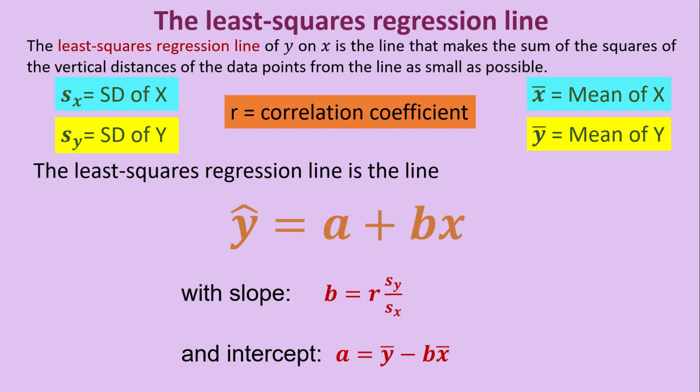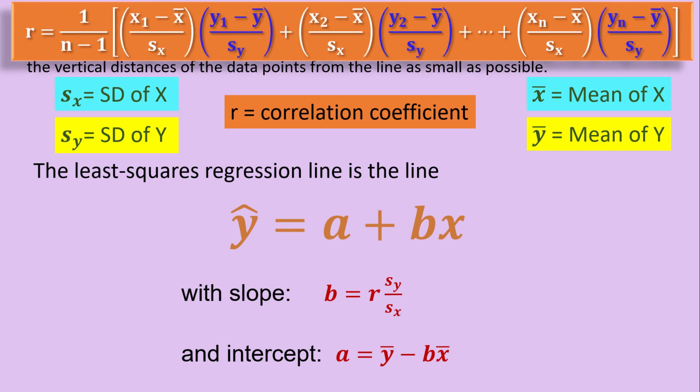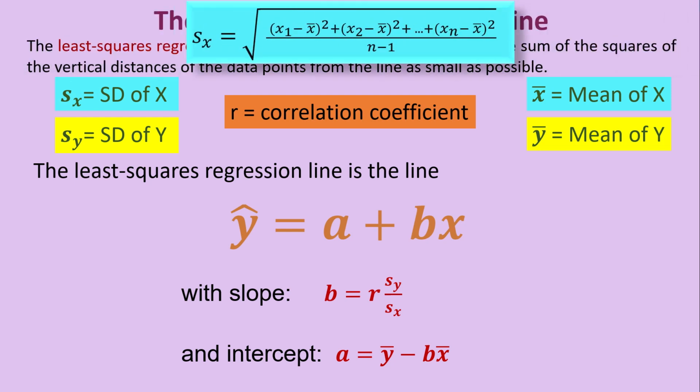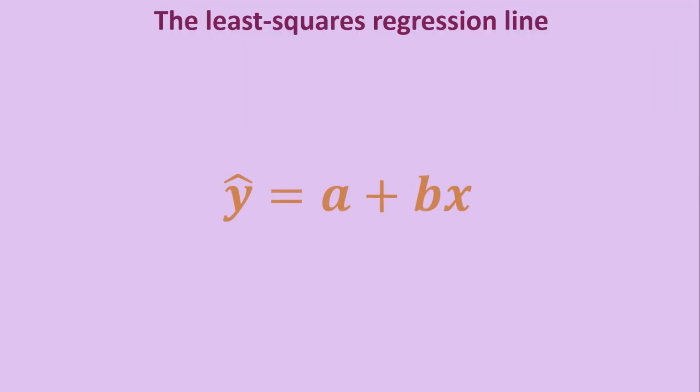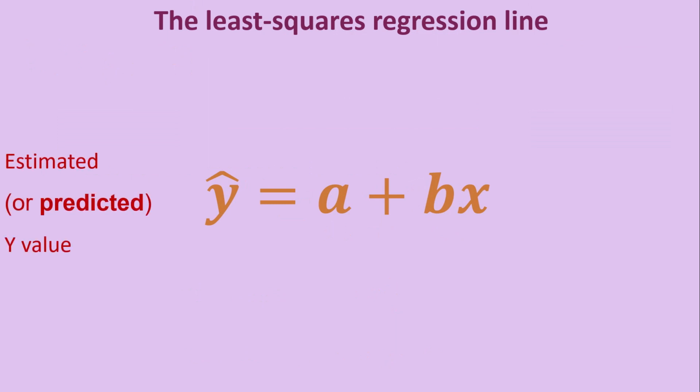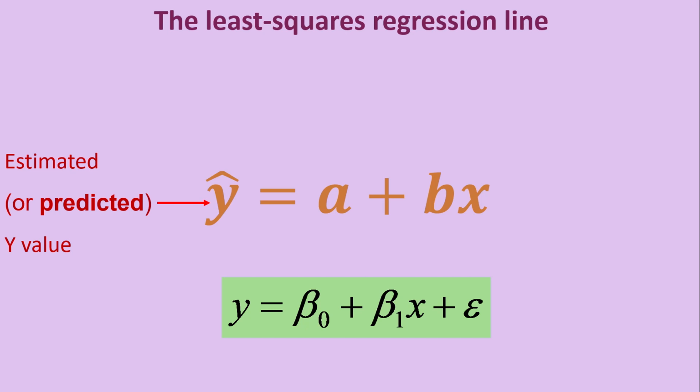How do we find the r? Using this formula. I explained this in the previous video. And how do we find the standard deviation? This is the standard deviation of x values and this is the standard deviation of y values. Then we know how to estimate the beta naught and beta 1. Y hat is the estimated y value, or we call it the predicted y value.